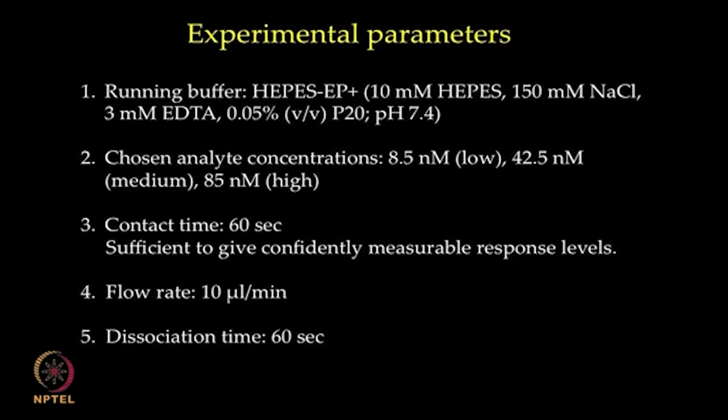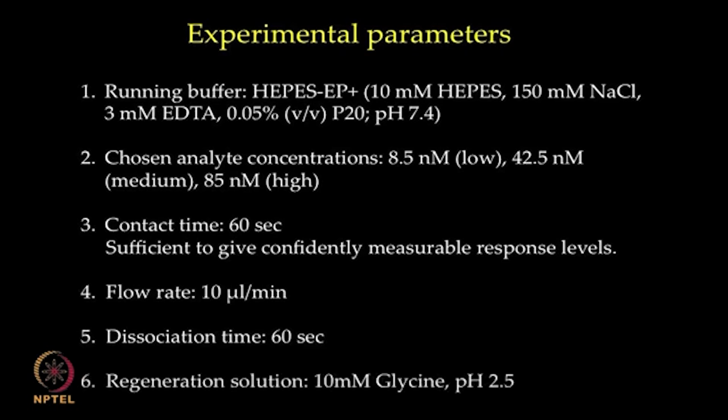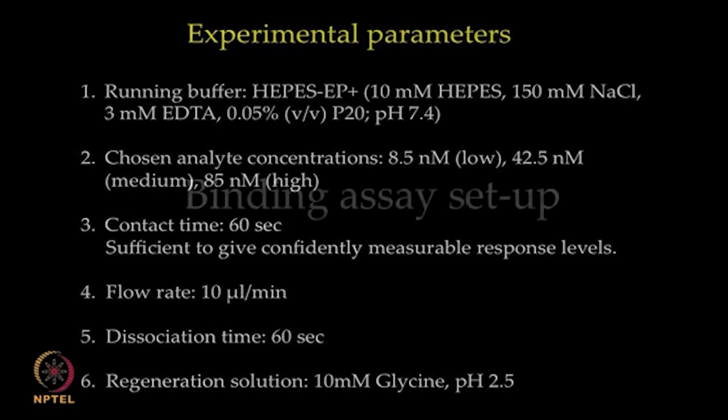An ideal regeneration condition is the one where analyte response of the same concentration is constant after repeated injections. Today, we will be using 10 millimolar glycine pH 2.5 for regeneration of the surface. We will now proceed with our binding experiment protocol.